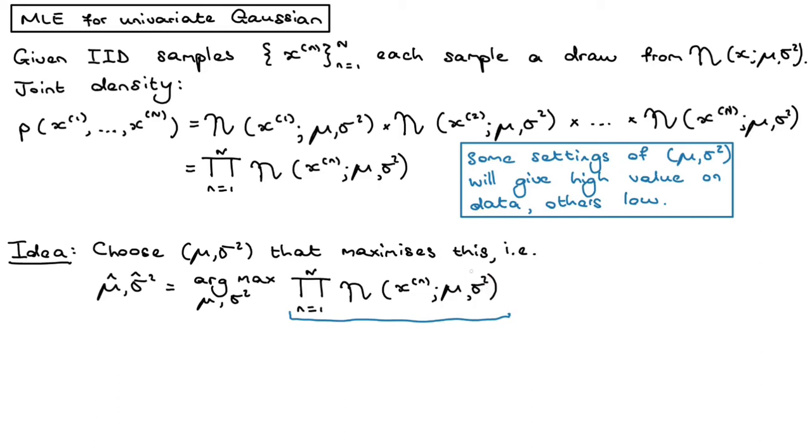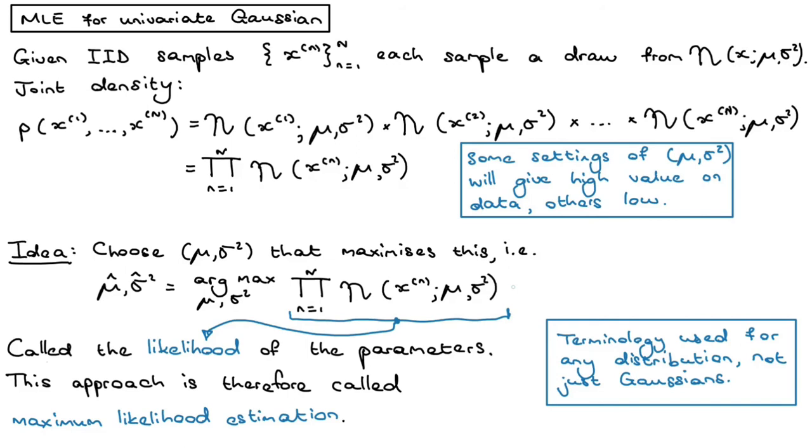So given a data set and some setting for mu and sigma squared, we can calculate this product and get an answer. If we think about it in that way, it actually has a specific name. That's called the likelihood of the parameters. And the idea of maximizing this product of values, that's a function of the parameters, is called maximum likelihood estimation.